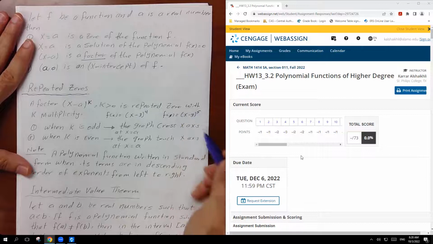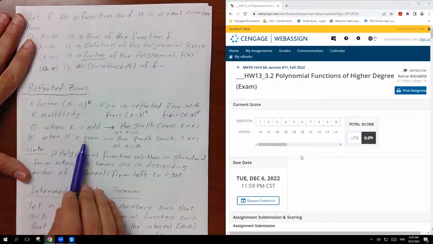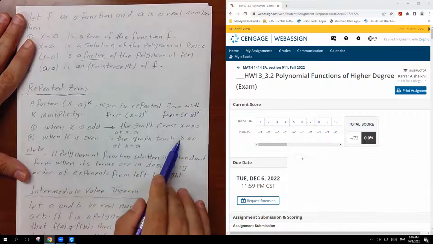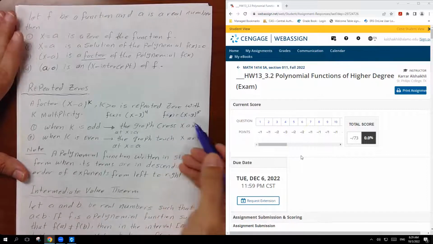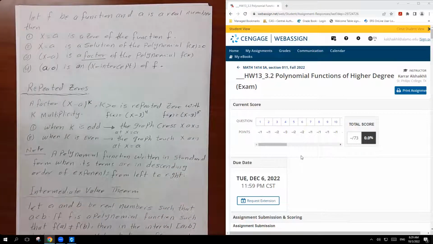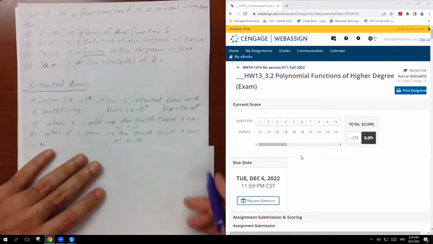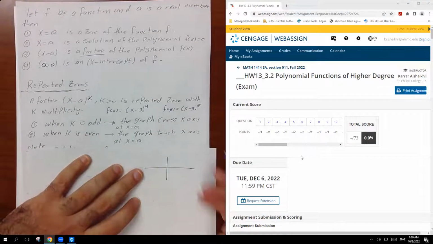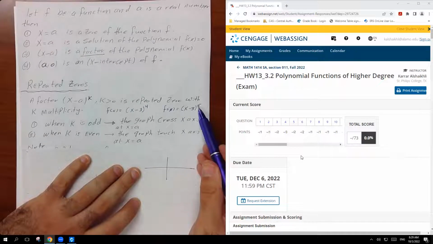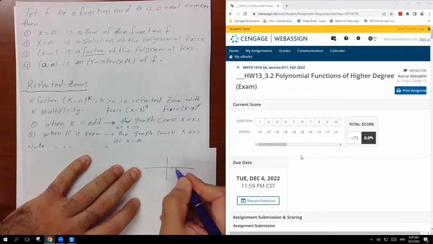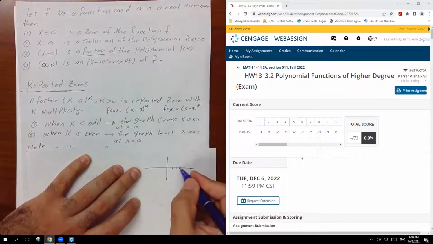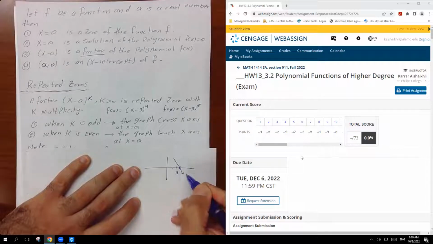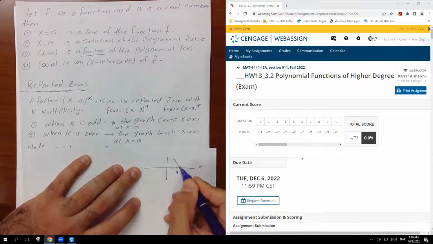When k is even, the graph touches the x-axis at the point, like the first example. So with the first one, when k is an odd number, let's say x equal to 3, when you graph it, the graph is going to cross the x-axis at this point when x equal to 3.